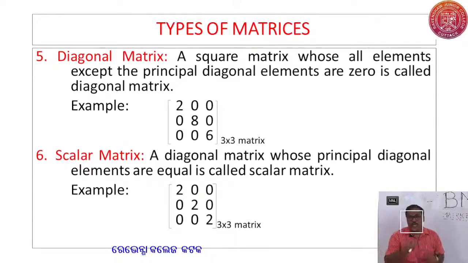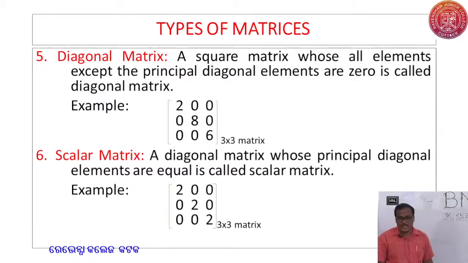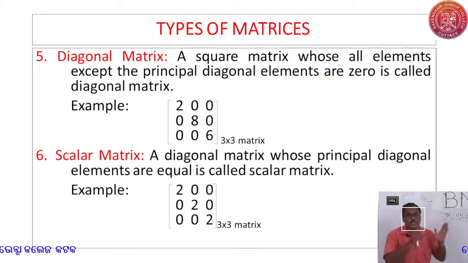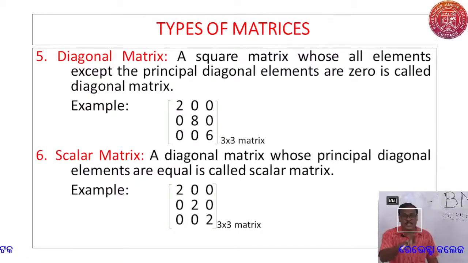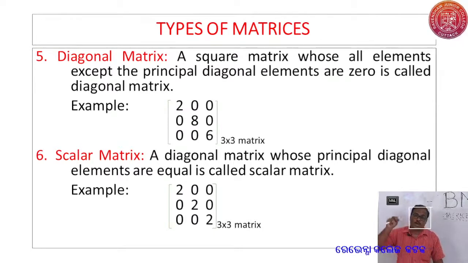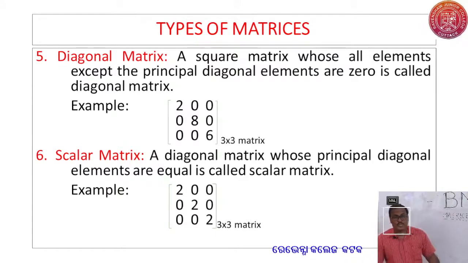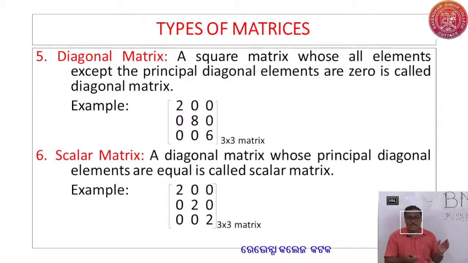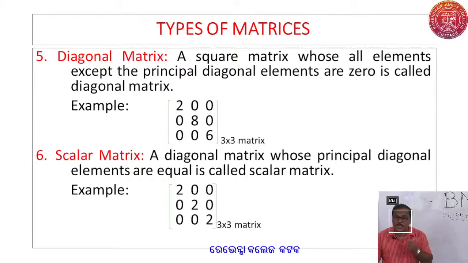A square matrix whose all elements except the principal diagonal elements are 0. What are the principal diagonal elements? In this example, I have given 2, 8, 6, and all the other elements are 0. Remember this, it is a square matrix.